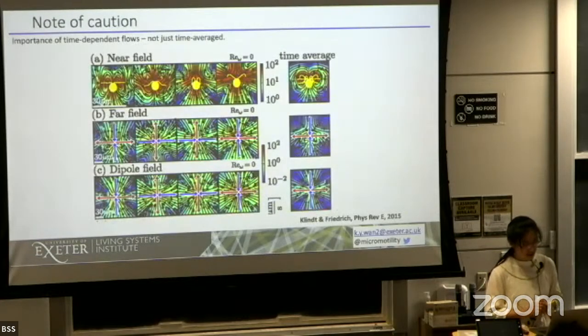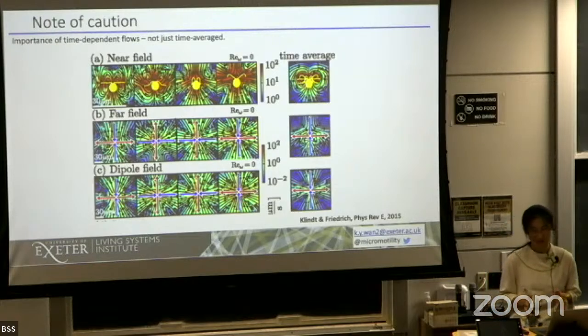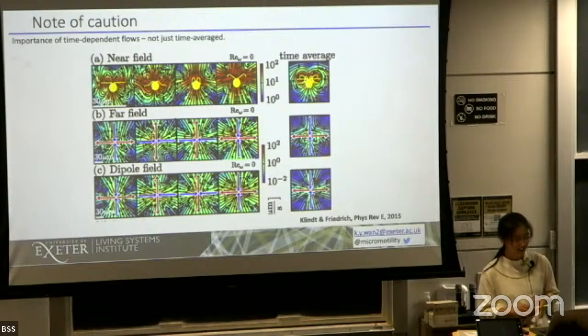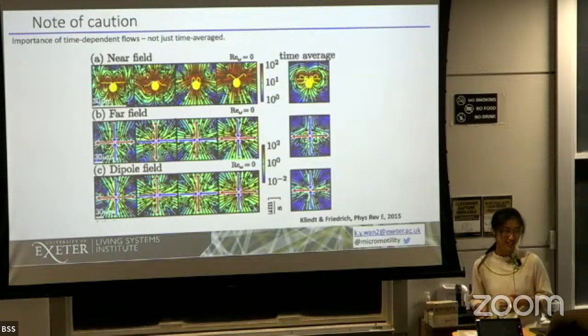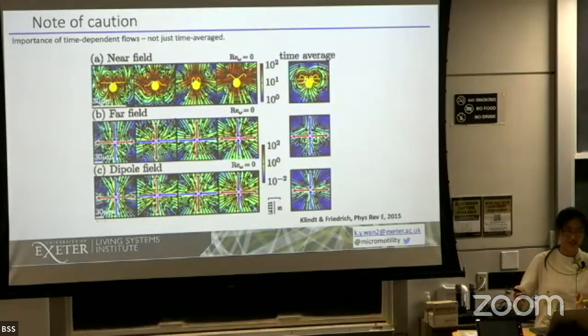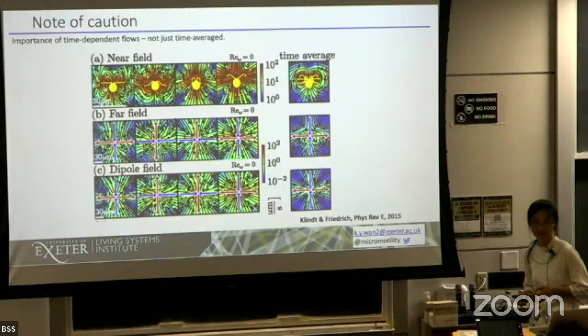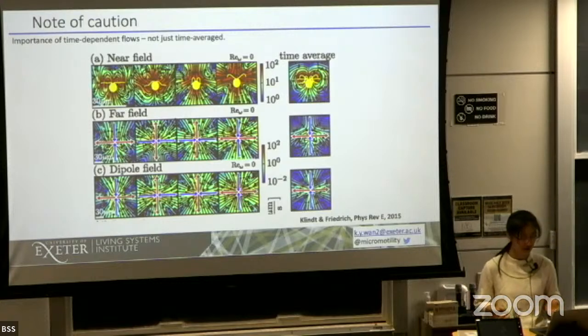But if you then zoom in on what's actually happening during a beat cycle, it's not very surprising, but it turns out that something like Chlamydomonas will actually oscillate between a pusher and a puller at different points during its cycle. But on average, what you get is this sort of polar profile that we tend to associate with Chlamydomonas cells.